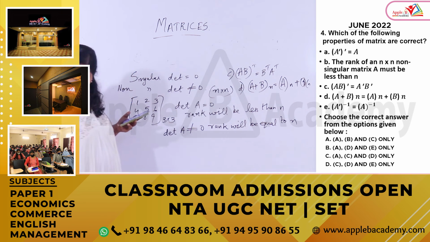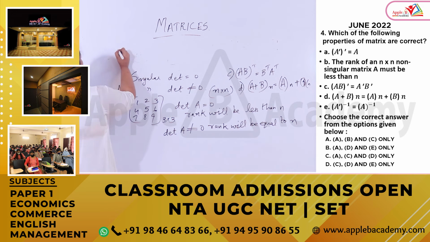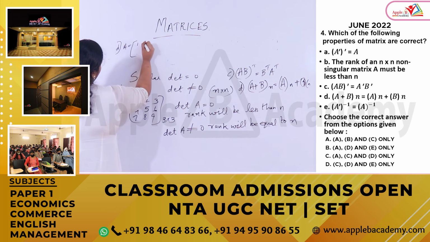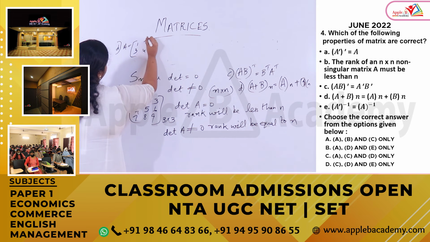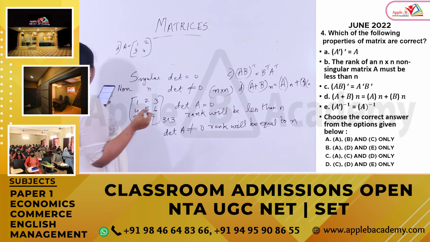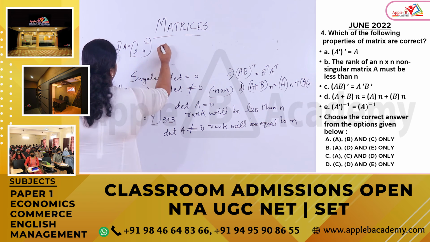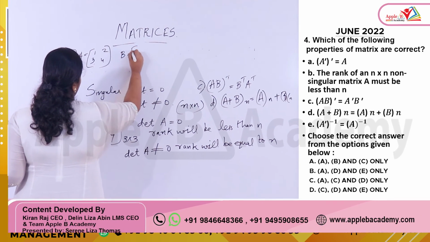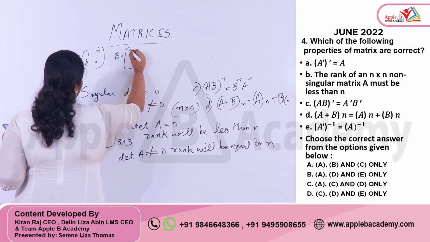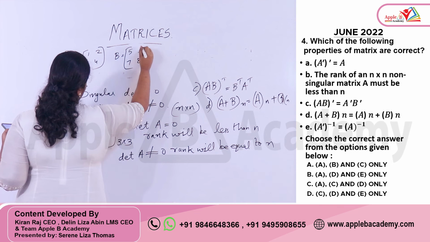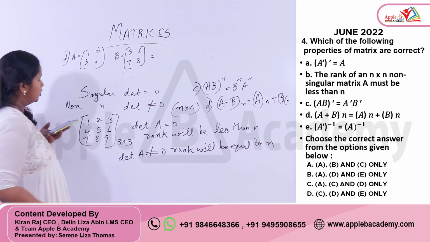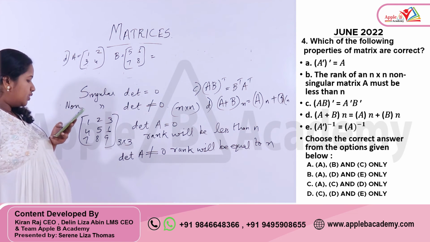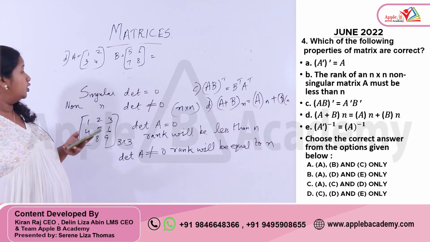So, you have the option D. We have A is equal to 1, 2, 3, 4. B is equal to 5, 6, 7, 8. Okay. So, the first statement is A plus B into n.